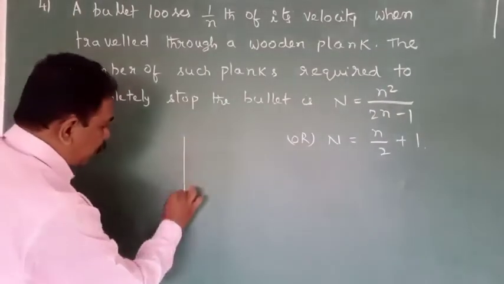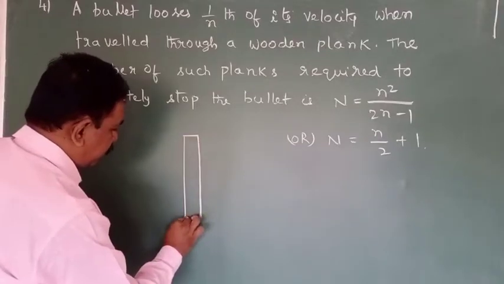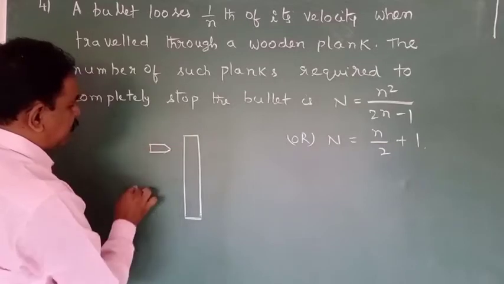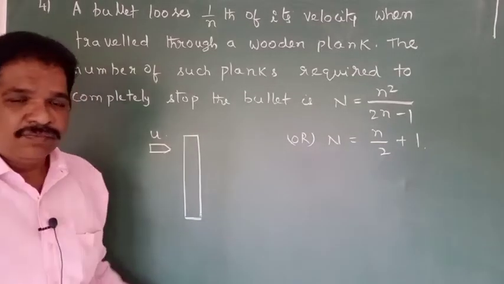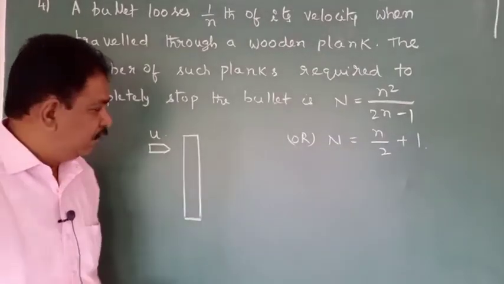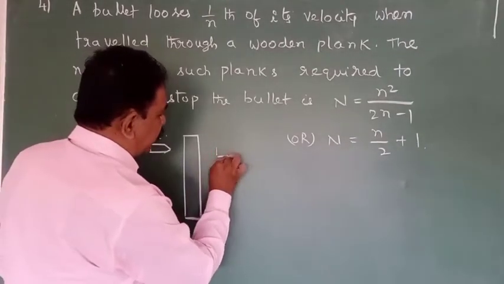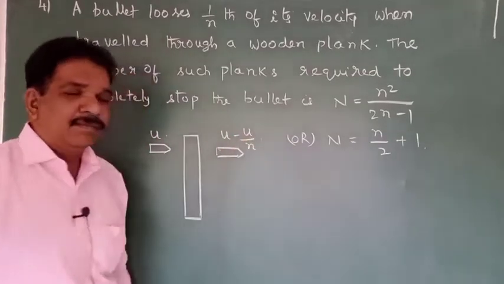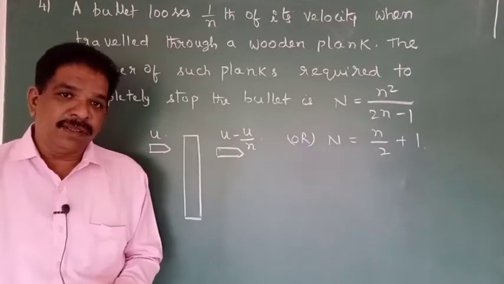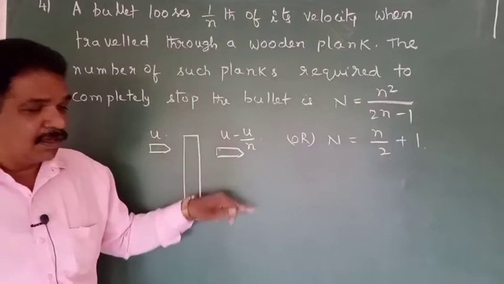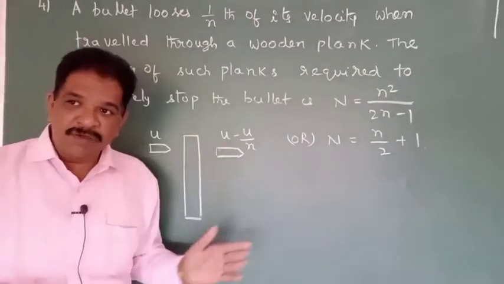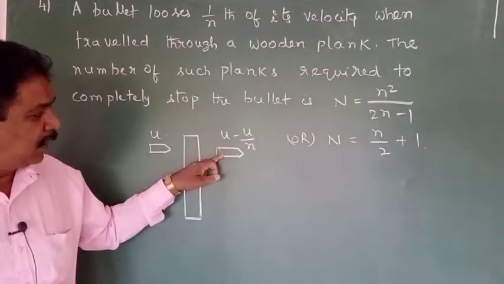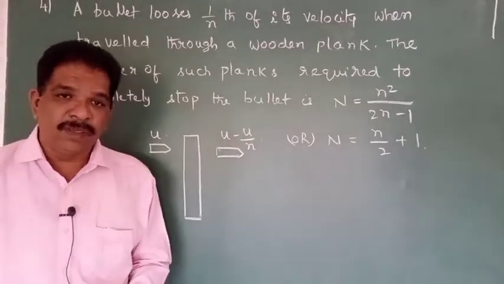Here, one wooden plank is there. One bullet entered it with some velocity u. It loses 1 by nth of its velocity, meaning after coming out of the plank, the velocity of the bullet becomes u minus u by n, not u by n. The remaining velocity of the bullet is u minus u by n.